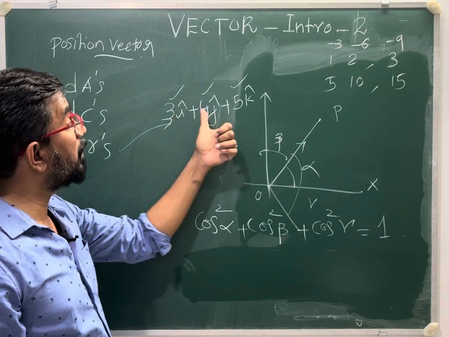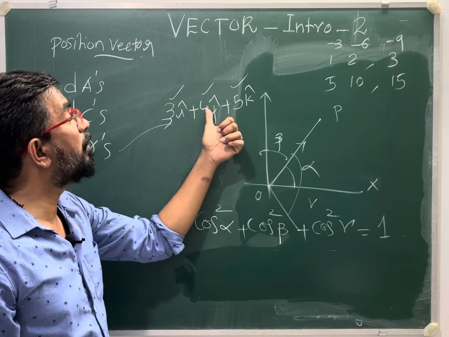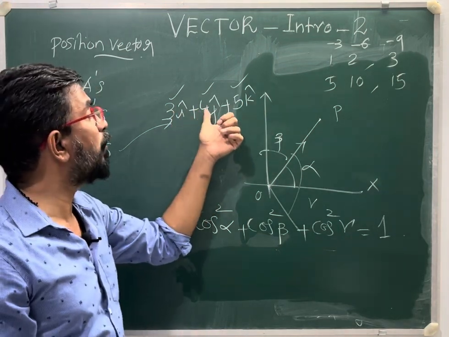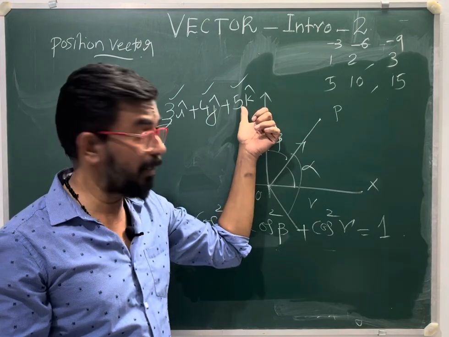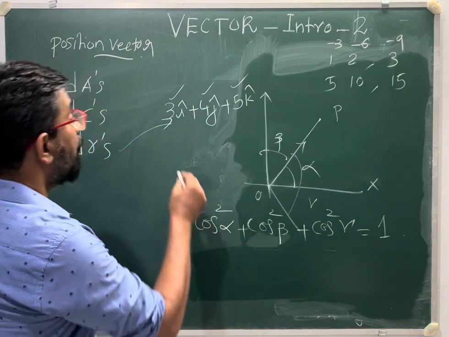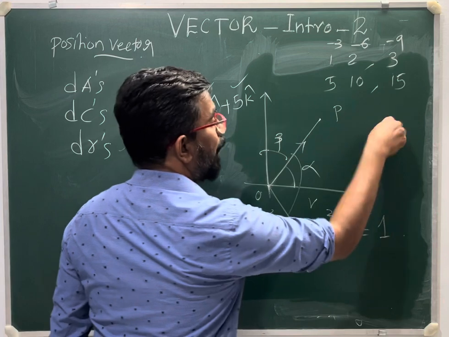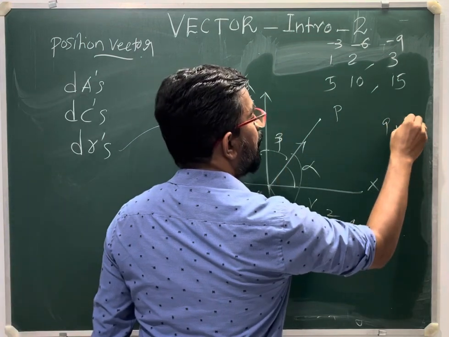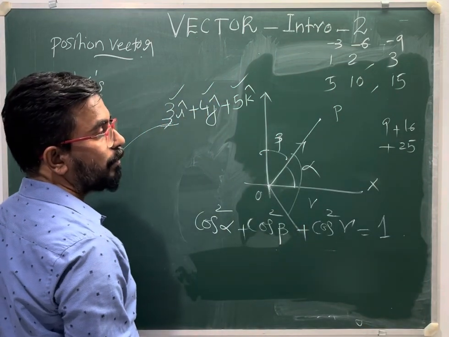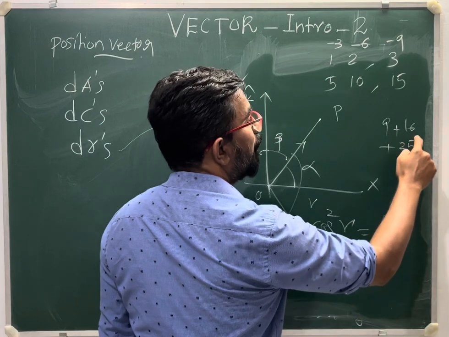So how to convert these DRs into DCs? If you square and add, 3 square plus 4 square plus 5 square, do you believe it will become 1? No, not at all. But if you divide each term by root 50: 3 square is 9, 4 square is 16, plus 25, that becomes 50.